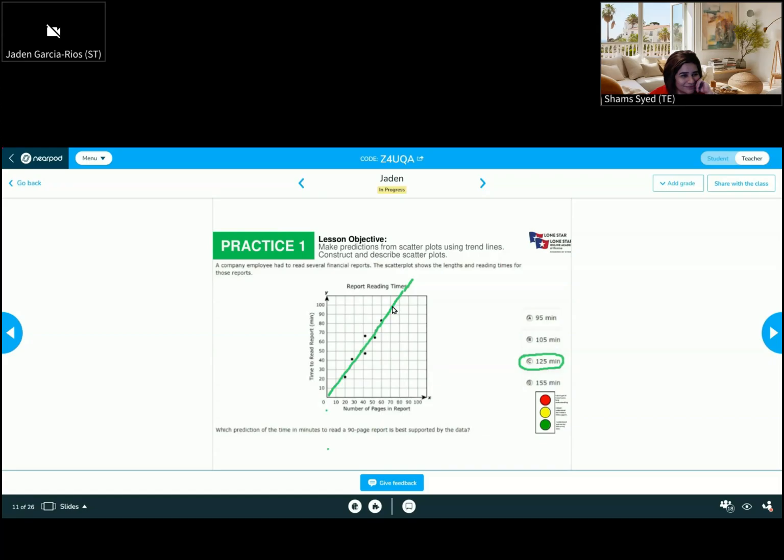So I didn't go for B. And for D, I think 155 felt too high. So I ruled out D, and B felt like the most accurate prediction. So I chose B as my answer.